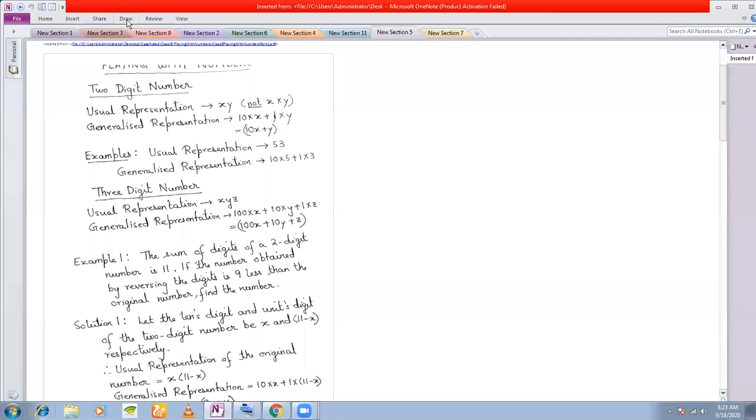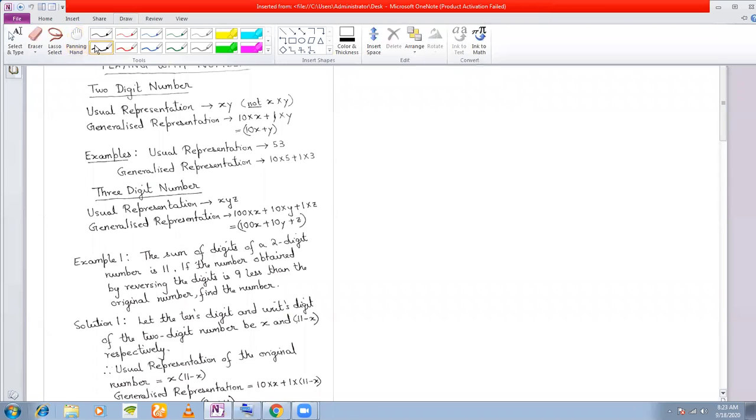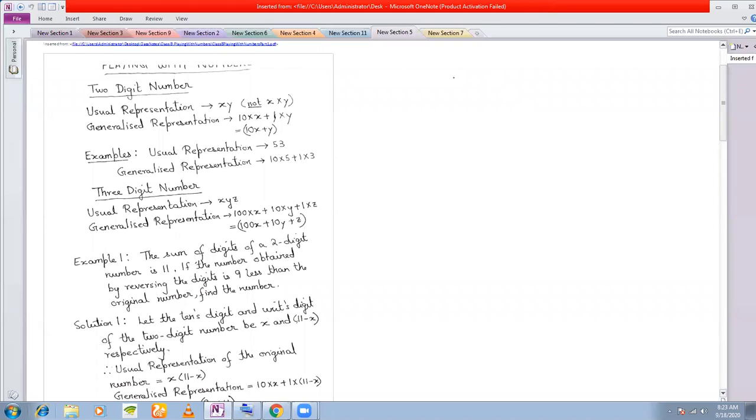Now, how do you represent a number in algebra? Let us say I give you a two-digit number, 57. Now, this number has a tens digit, and it has a units digit.